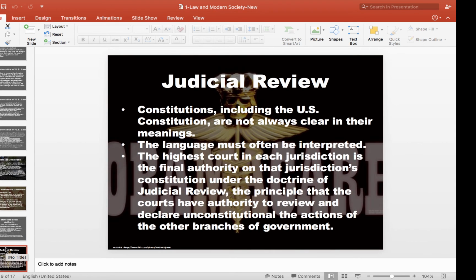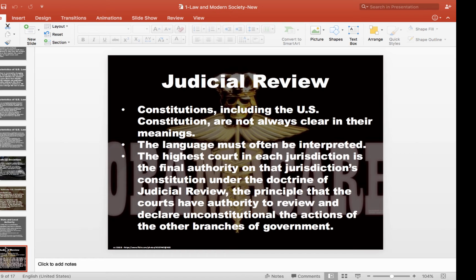Now, when it comes to judicial review, this is something that happened very shortly after the Constitution was established. The Constitution really didn't say a whole lot about how the judiciary should be organized. It established a Supreme Court, didn't say how long the justices would serve or how many there needed to be, and in a case called Marbury v.